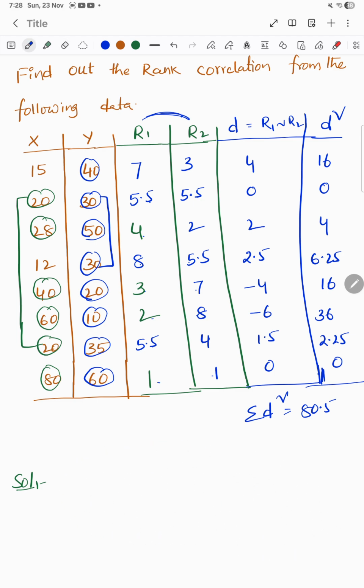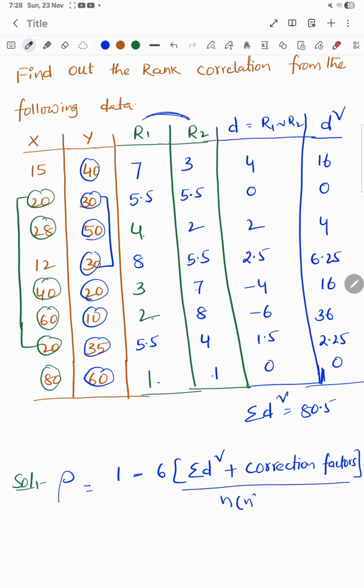Because of repetitions, rho is calculated by 1 minus 6 brackets open summation of d square plus another new term, correction factors, divided by n into n square minus 1.